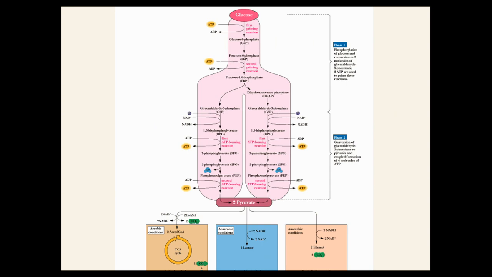Okay, so here's our glucose going to pyruvate. So just a review of glycolysis. In phase 1, you have ATPs required, so you need energy. Remember, it's a 10-step process.